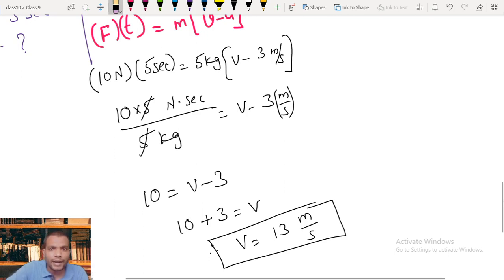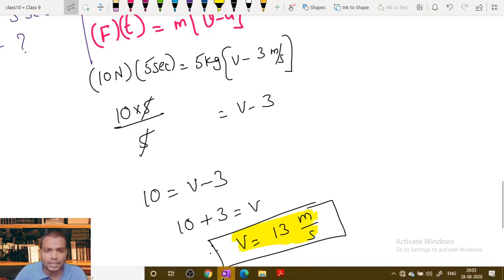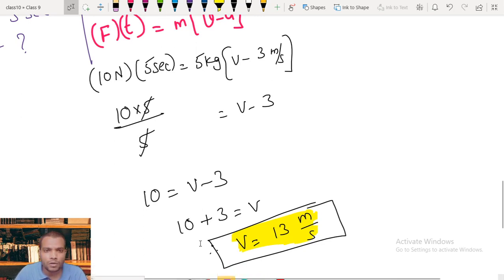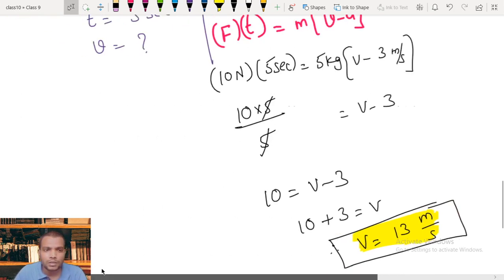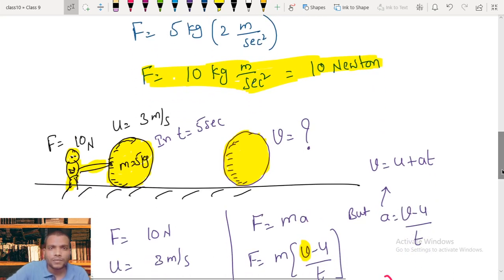Here I dropped the units so as not to give confusion, so that would be better. Otherwise we will get confused about how to solve it. But we know that for velocity, at last we can write the units in terms of meter per second. So finally, if we apply a force of 10 newtons during a time of 5 seconds, what is the final velocity?